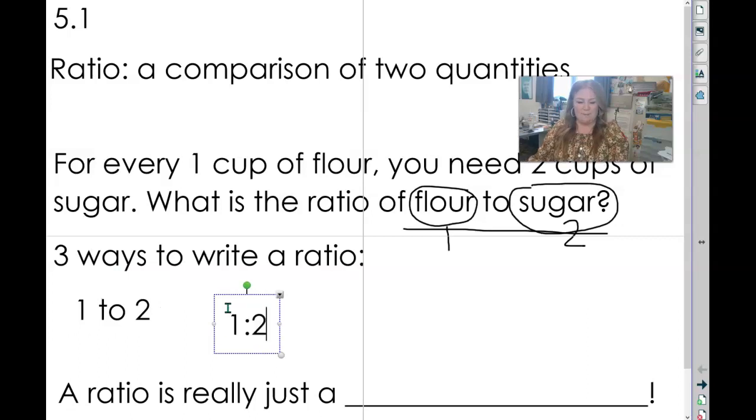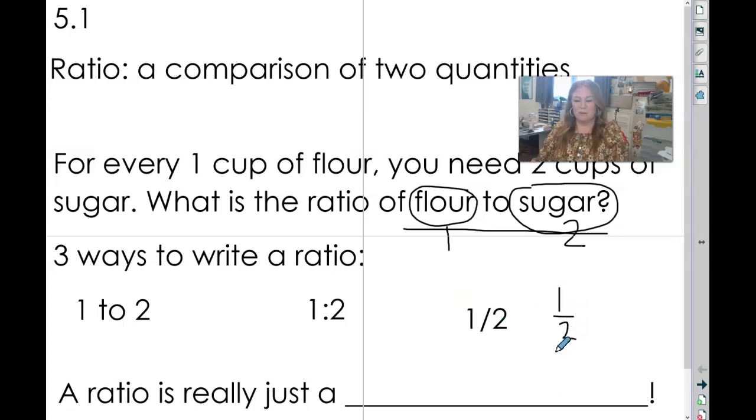The second way you can write it is with a colon, comparing 1 to 2. And the third way is as a fraction. You can also write it as 1 over 2. Either way, it means the same thing. So here are 3 ways that you can write a ratio: with the word "to," with a colon, or as a fraction.